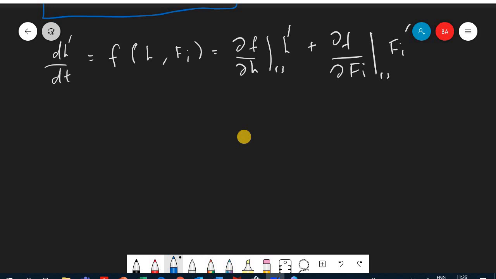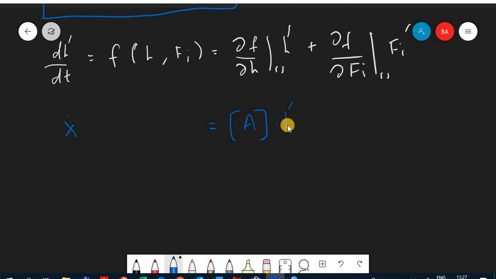What is that? I can see x dot here, which is dH by dt, the differential equation. And I also can see my first matrix, which is df by dh. And I also can see my h prime, which is part of my dh by dt.